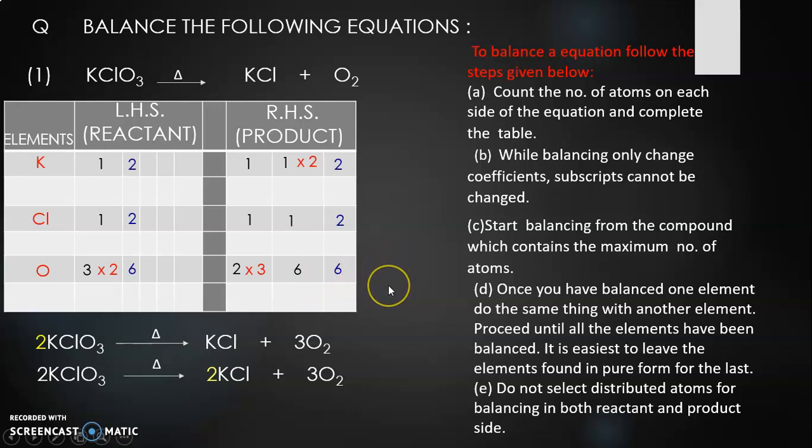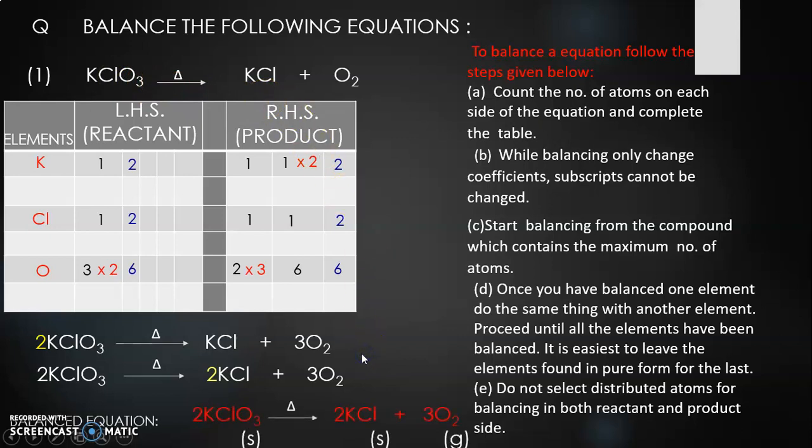So once it is balanced, we write it again. And students, please remember, when we write the balanced equation as the answer, we have to mention the physical states. So we all know that oxygen is in gaseous form, potassium chlorate is a solid, and similarly potassium chloride is also a solid.